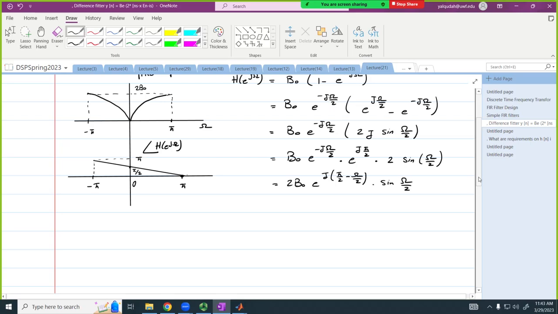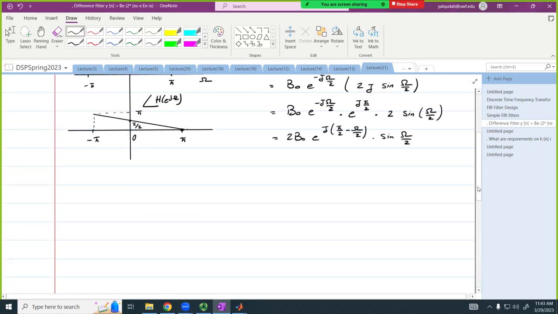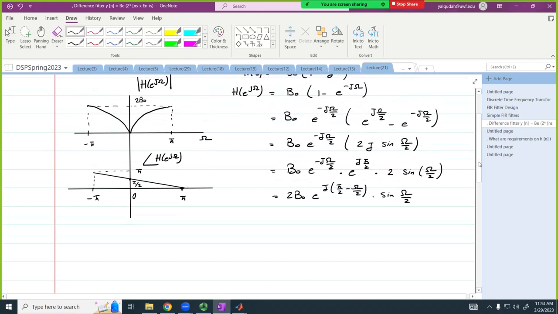Okay. So before we move on, since we've been talking about the phase and plotting the phase, let's just spend a few minutes talking about why it is important to have linear phase.